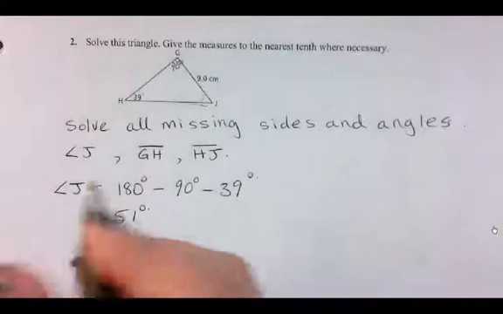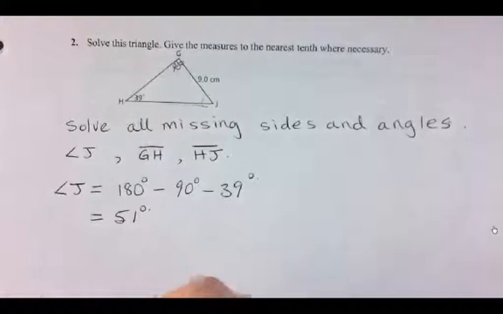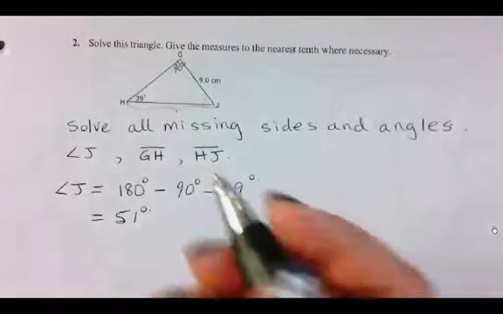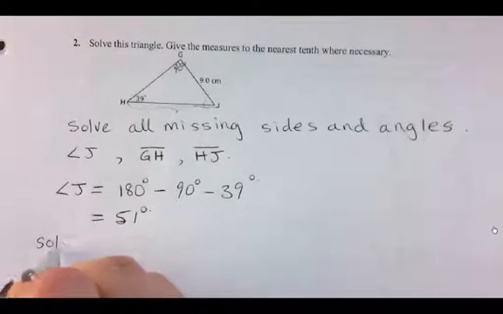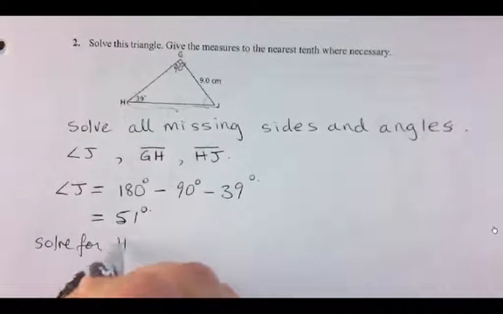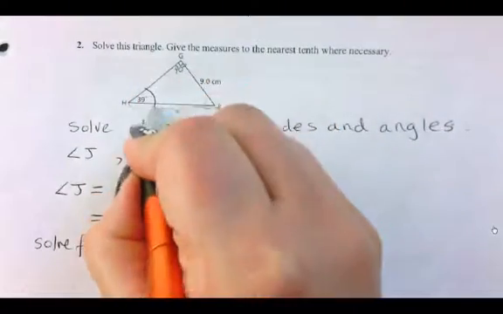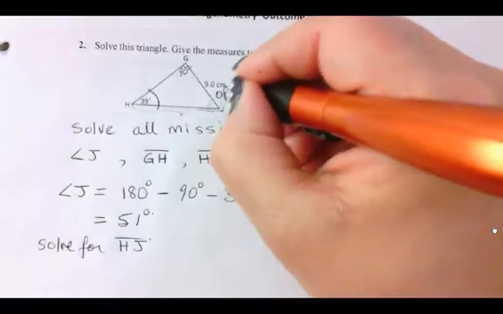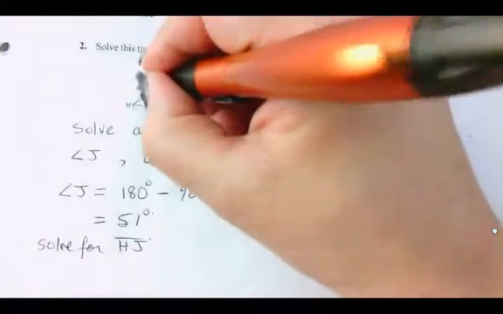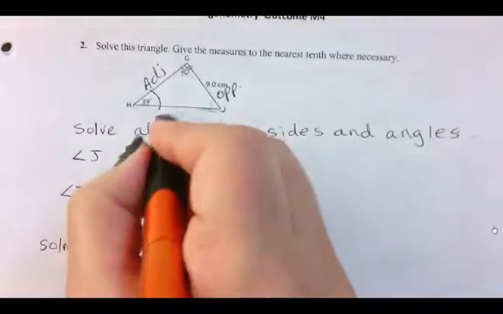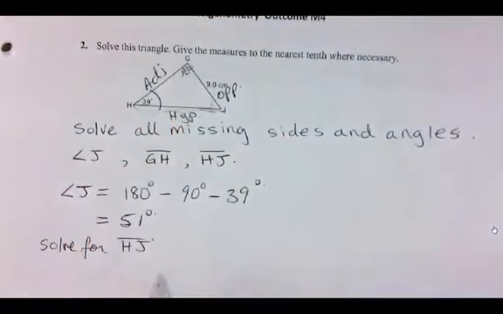Now, let's solve for, what do you want to solve for? HJ? Let's solve for this guy first. Okay? Let's solve for HJ next. So if I deem this my important angle, and then this is going to be the opposite side, and this is going to be the adjacent side, and this is hypotenuse, that I'm solving for my hypotenuse side.